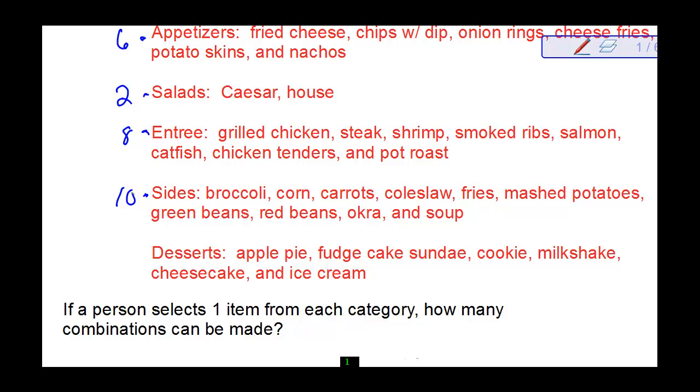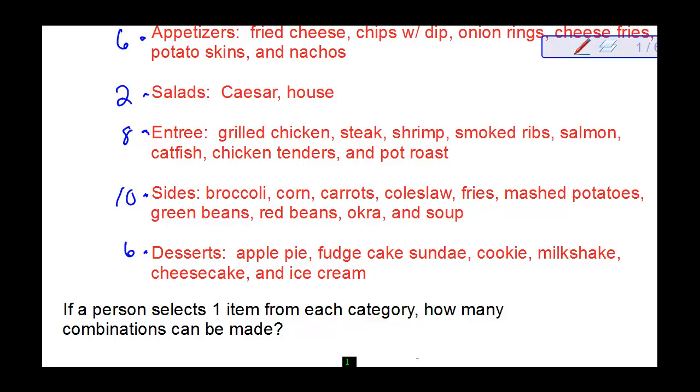And then for desserts, we have apple pie, fudge cake sundae, a cookie, milkshake, cheesecake, or ice cream. And so there's 6 different possible desserts. If a person goes to this restaurant and selects one item from each category, how many combinations can be made?